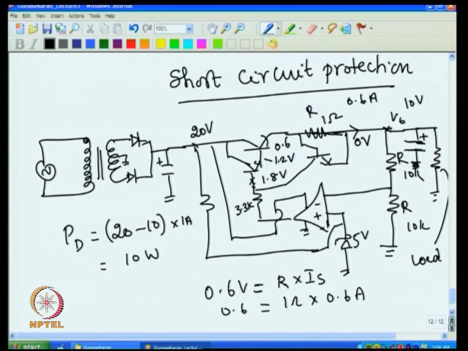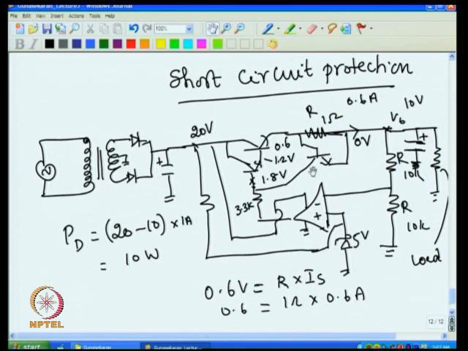Now this is a celebrated short circuit protection, because this is a foolproof arrangement. As long as you have this, and the transistor, heat sink and transistor rating are correctly selected, even if you short circuit, it never goes bad, because this acts very rapidly.